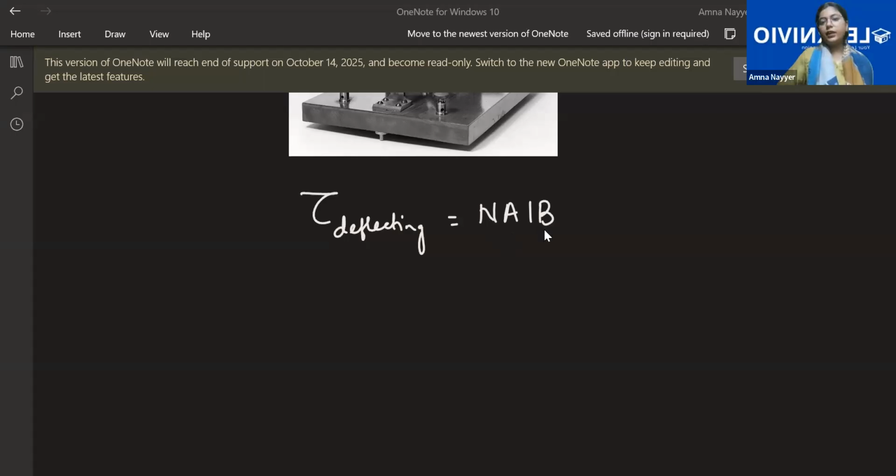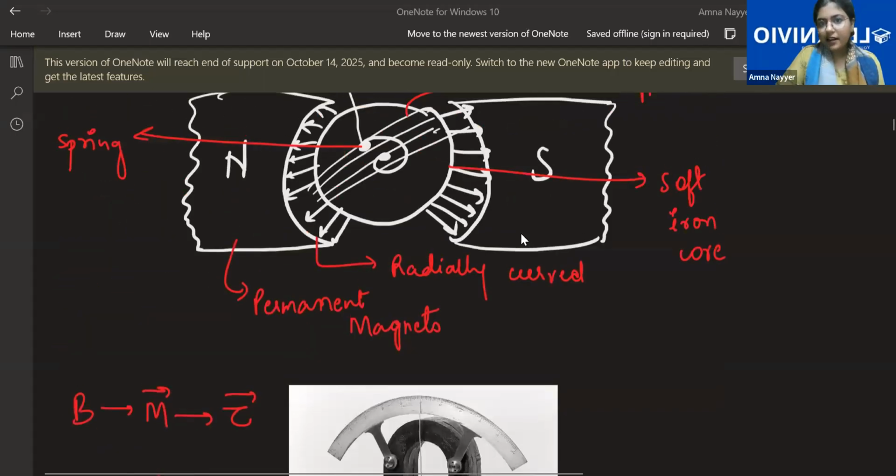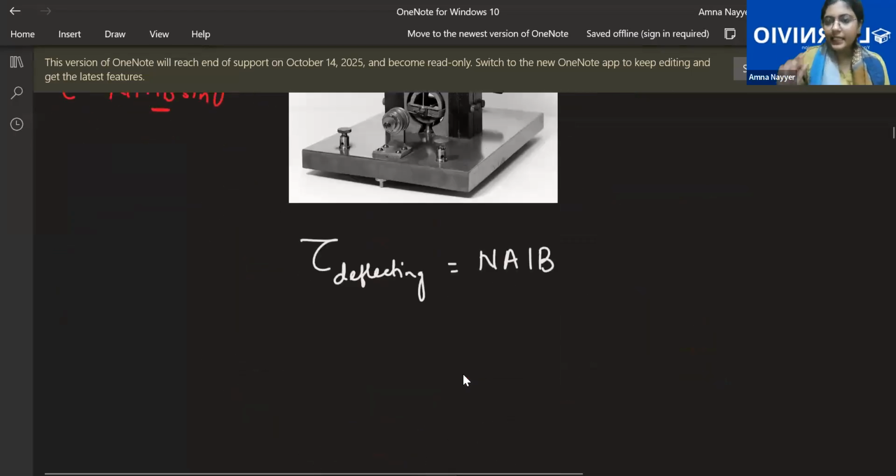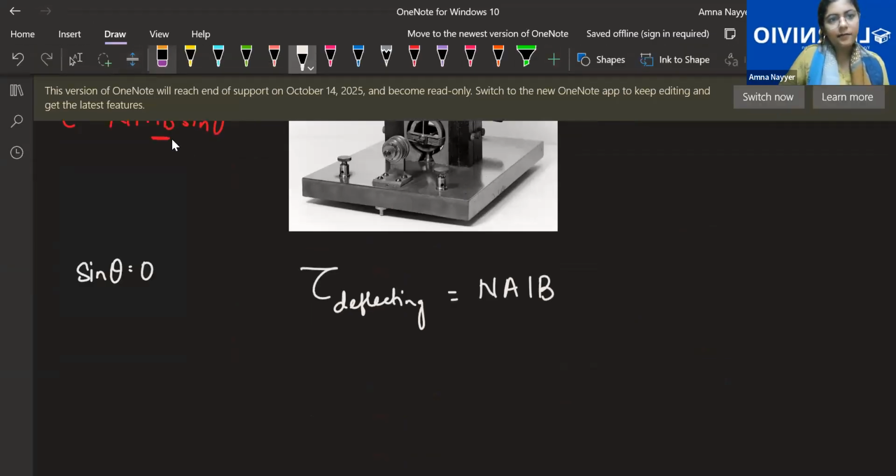Yes, Rani. See, we know the torque is NAIB sine theta and the magnetic field is radial. So radial magnetic field will always make an angle of 90 degrees to the surface. Here theta becomes 90 degrees, so sine theta is equal to 1.